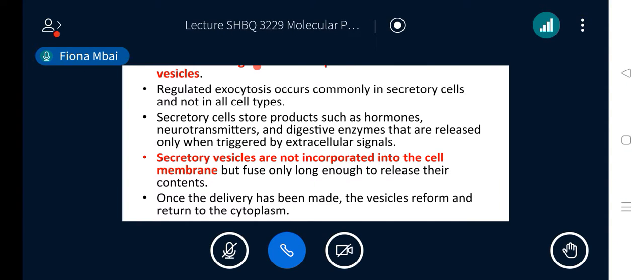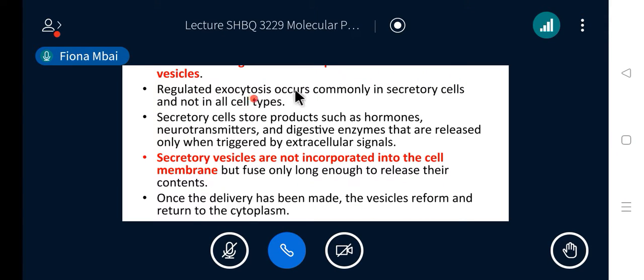For example, in the pancreatic beta cells of the islets of Langerhans, a signal comes and binds the surface receptor of that cell. When it binds that surface receptor, some signals are released into the cell, which say, can you release some insulin? And it is only then that you get the vesicles binding and releasing the insulin into the ducts and out into circulation.